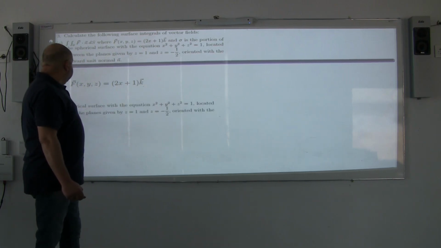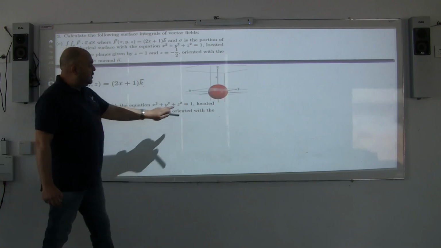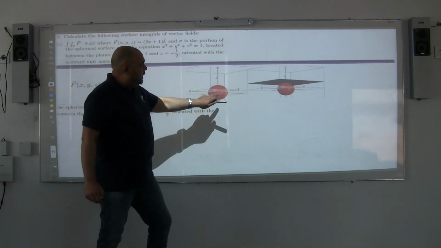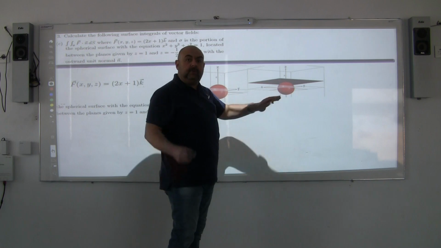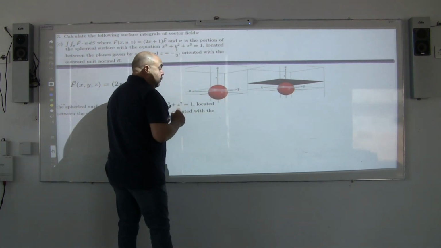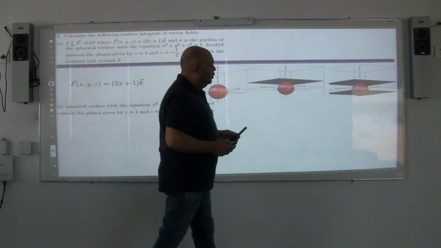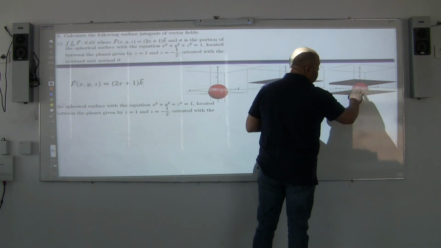Okay, the spherical surface here with the equation, as I told you, that's our sphere. That's the plane at z equal to 1, which is going to be at the end of the sphere. The problem will arise with z equal to negative half. So this part is going to be neglected.